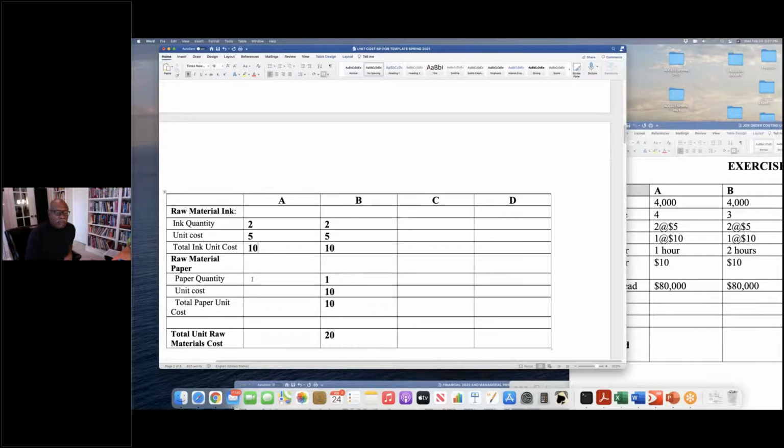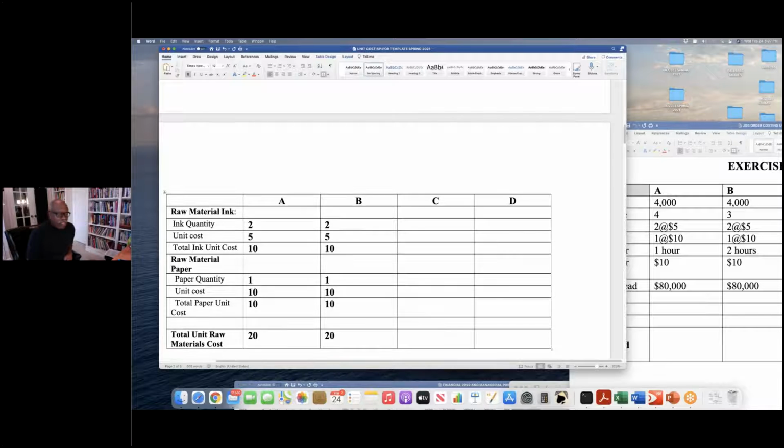And then paper is 1 at 10. So what's our total paper cost? Well, I think it's 10, right? Oh shoot, I'm tripping. 10. The total raw material cost is what? It's 20.